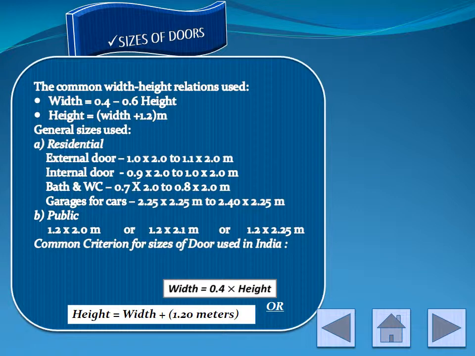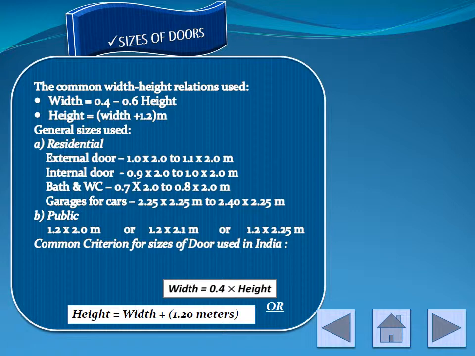For cars, where cars are parked, the doors are 2.25 by 2.25 meter and 2.24 by 2.5 meter. For public ones, we have 1.2 by 2.0, 1.2 by 2.1, and 1.2 by 2.5.